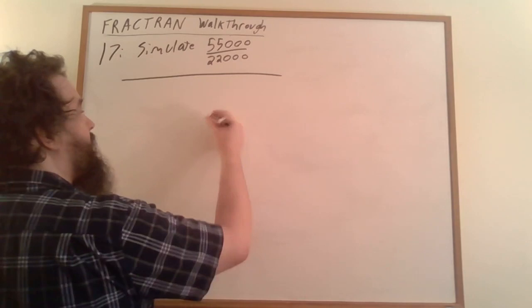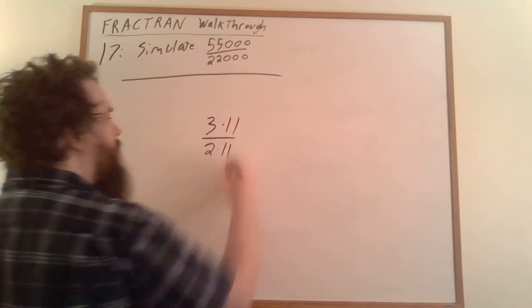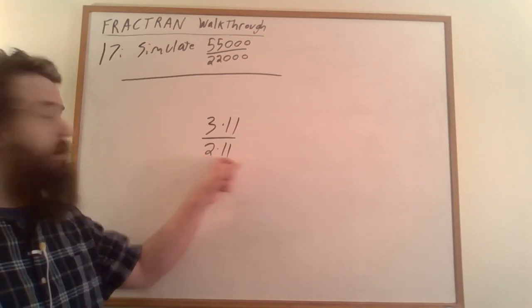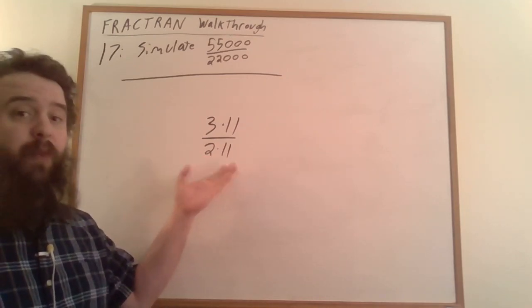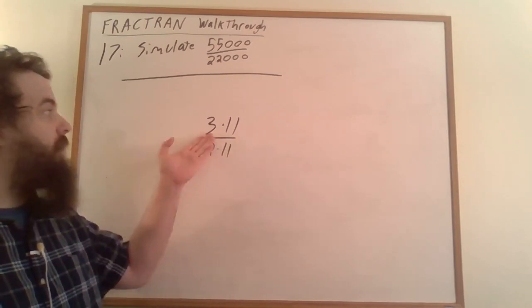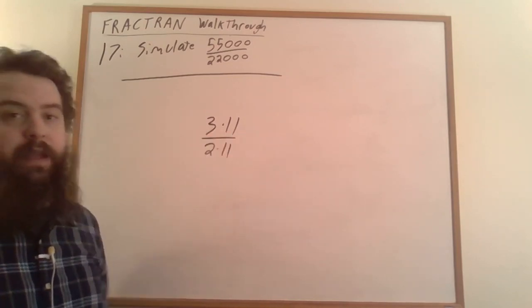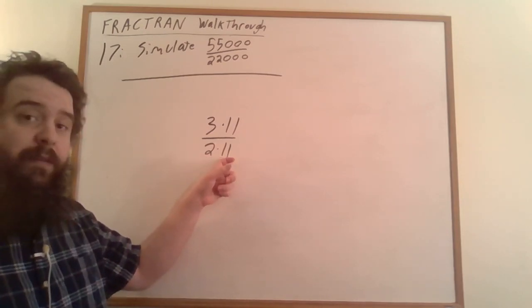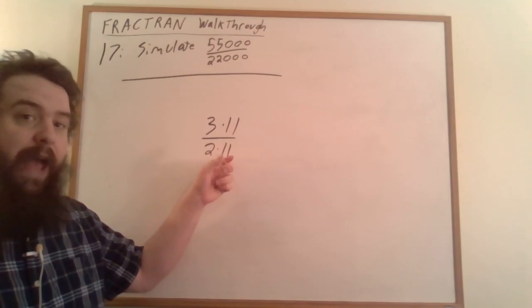For instance, we saw a desire to have a fraction in our program that checks to see whether the current number is divisible by 22, and if so, to divide out 22 and multiply by 33. To have a fraction that requires an 11 to be present in order to activate, right?